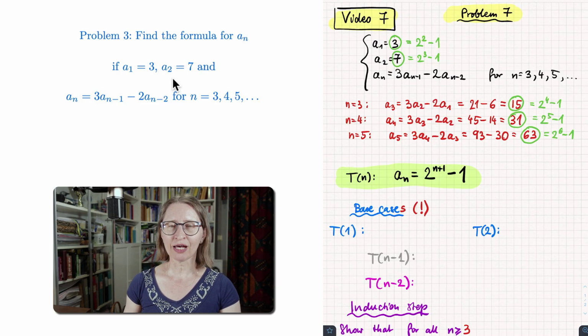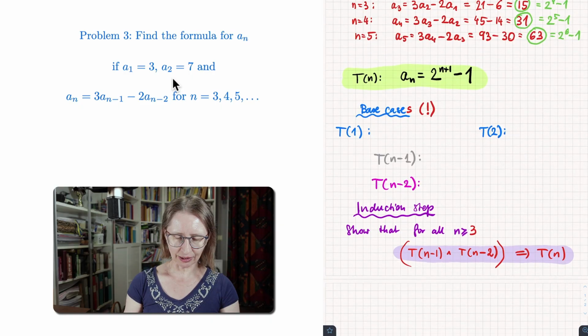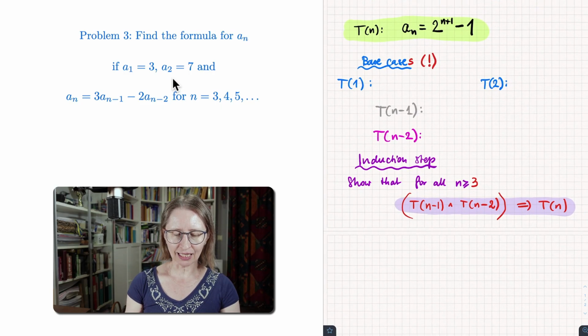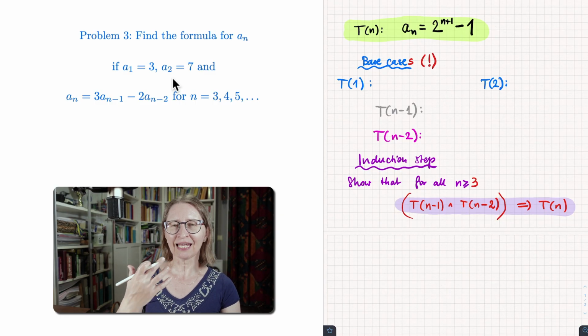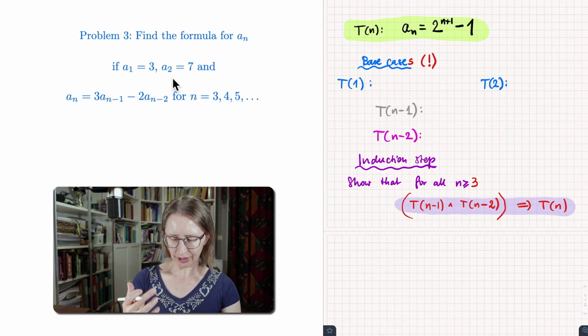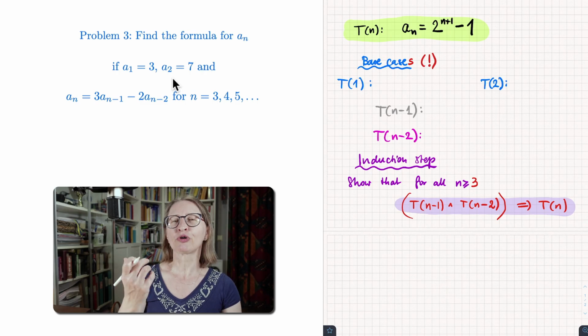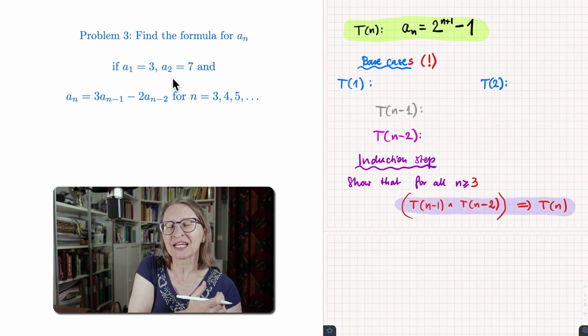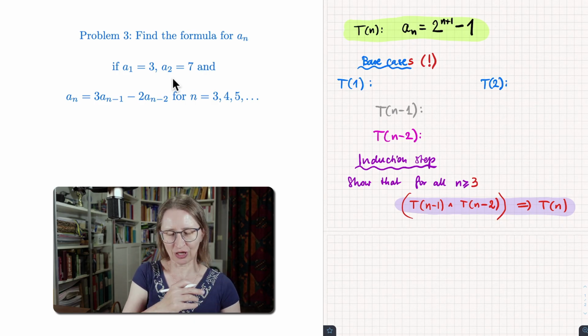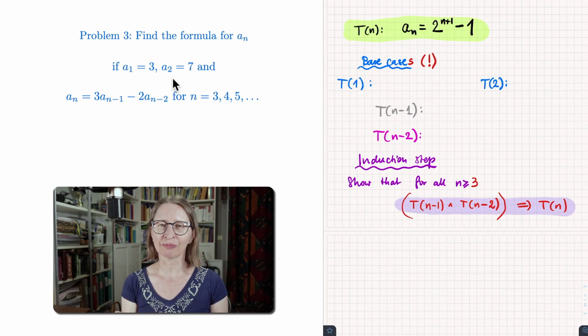And now we have to prove this by induction, and for this particular problem, I have decided not to keep my color coding. So you see that there is no orange color, because I will prove that T(n) is true, provided that the statements for the two previous numbers are true, so that T(n minus 1) and T(n minus 2) are true.